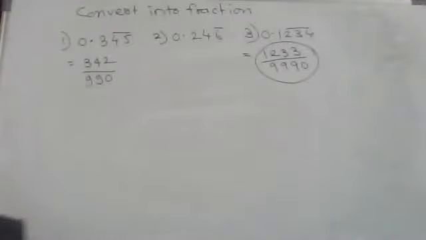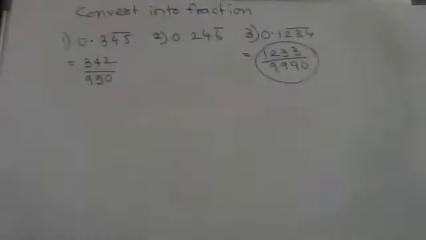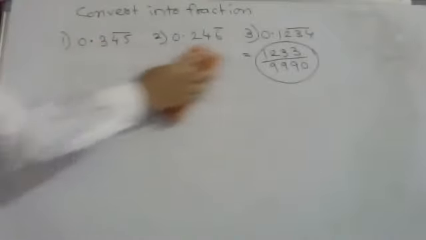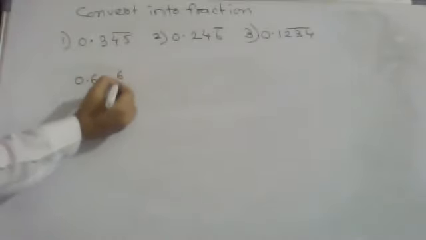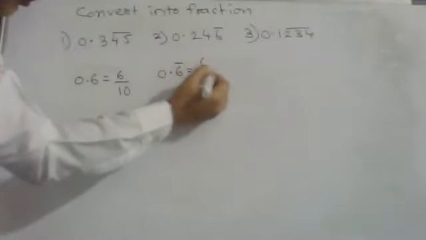Okay, now how to solve quickly? See the method. 0.6 is 6 upon 10, and 0.6 bar is 6 upon 9.